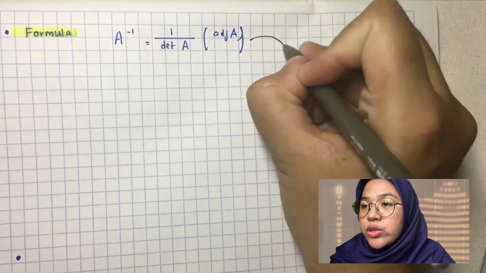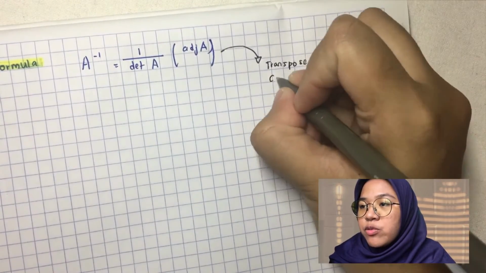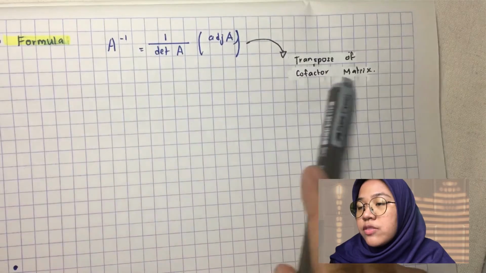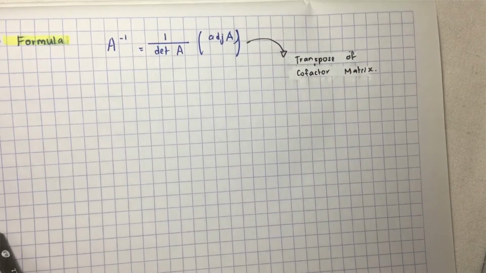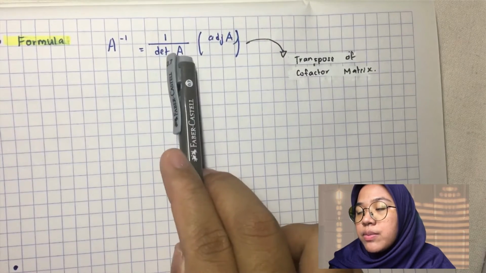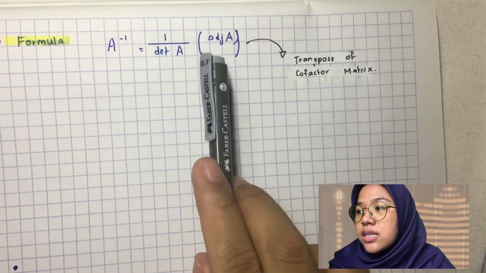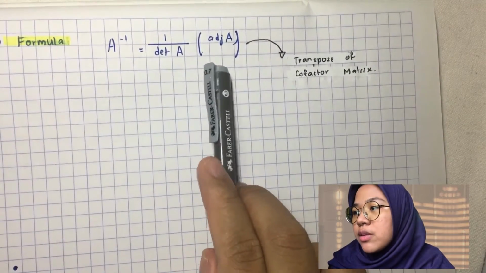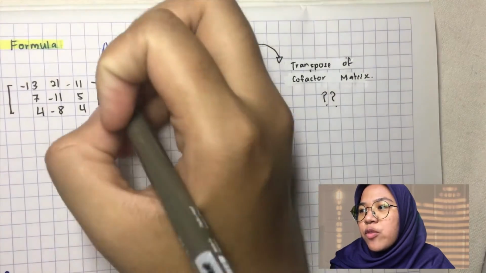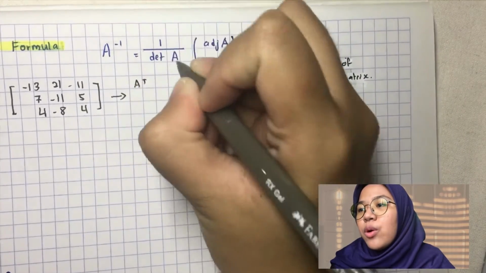After that, we're going to use the formula given. We should memorize it. But first, we need to find determinant of A and adjoint A. So this is the formula that we're going to use. A inverse equal to 1 over determinant A multiplied by adjoint A. What is adjoint A? Adjoint A is the transpose of cofactor matrix. So to find the transpose of cofactor matrix, we should change row into column.